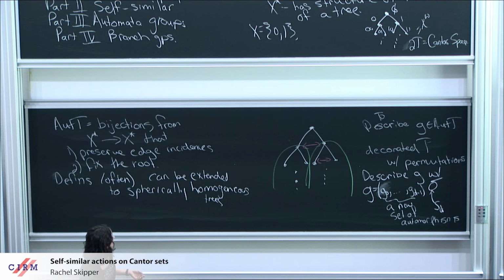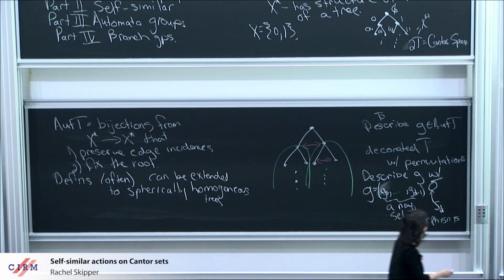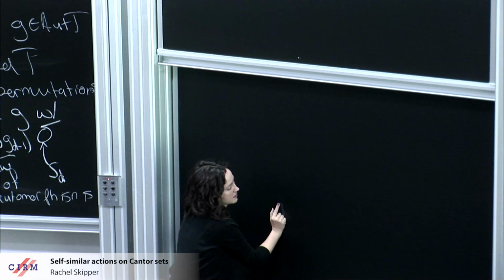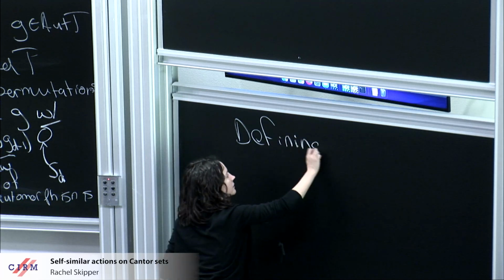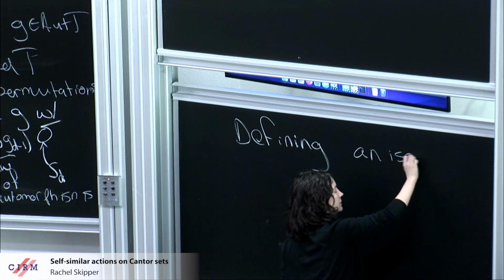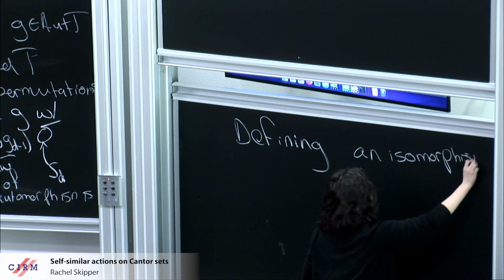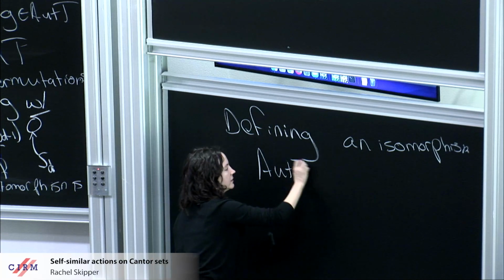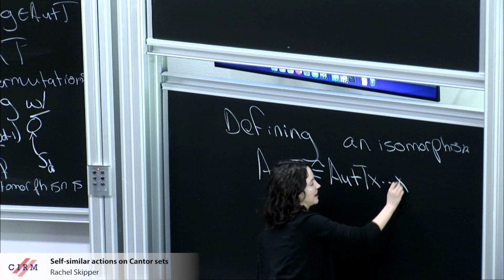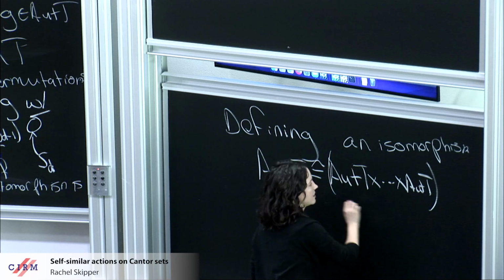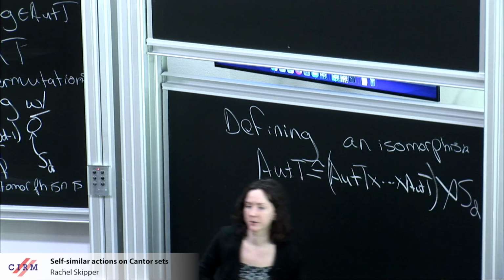And so what this is really doing is defining an isomorphism between T and T to the D, semi-direct product with the symmetric group on D letters.